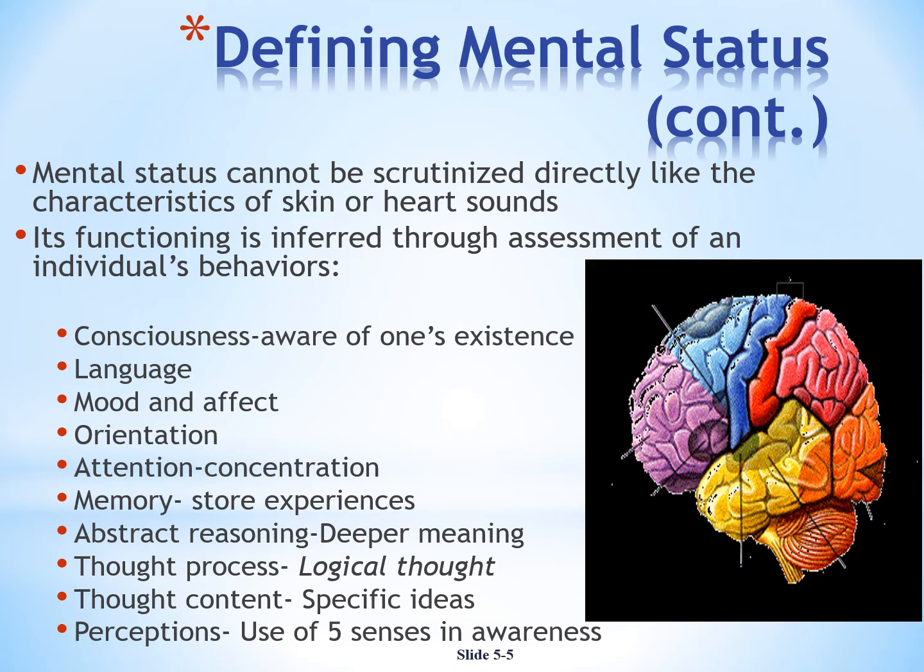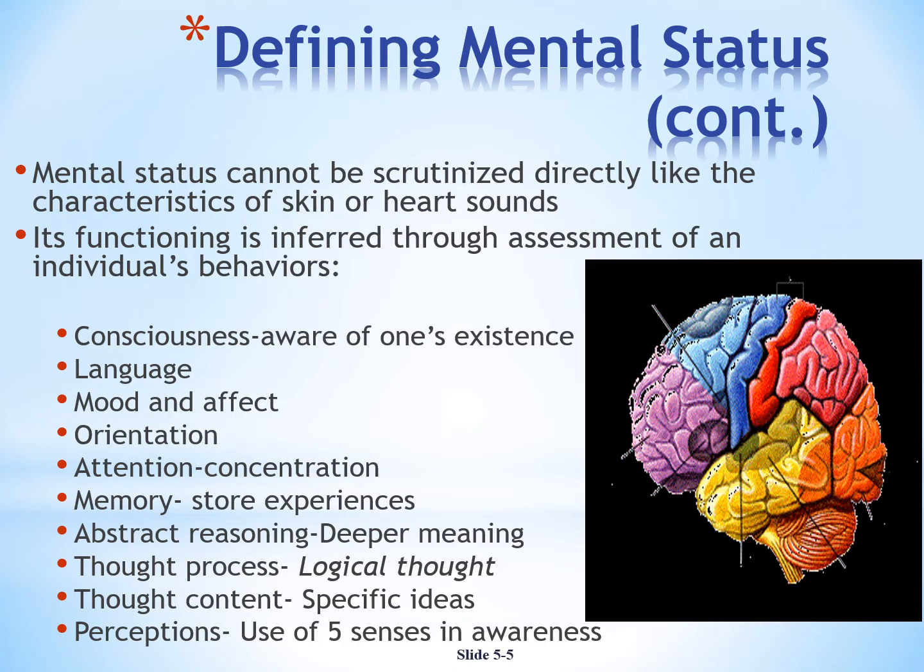If someone is thinking that they're God, or maybe that they're a president or a king, that thought content is not okay if they're truly not the president or the king, right? And also the person's ability to store memory. When we get stressed or we have a mental disorder, we cannot lay down new memory. So for instance, we try to encourage students, although your lives are stressful, to do something to help relieve that stress, because if you're too stressed and you're trying to study, none of that information is actually being learned.